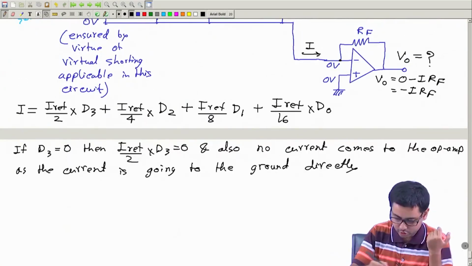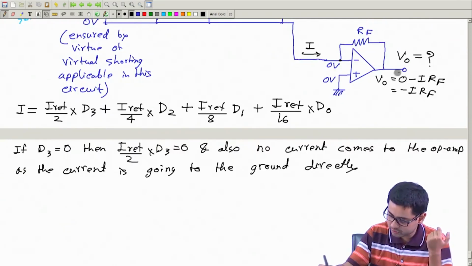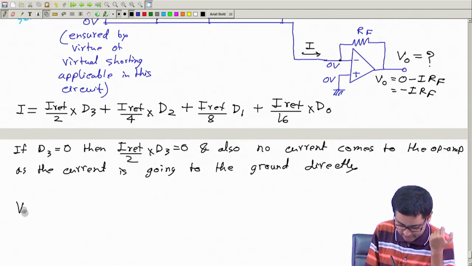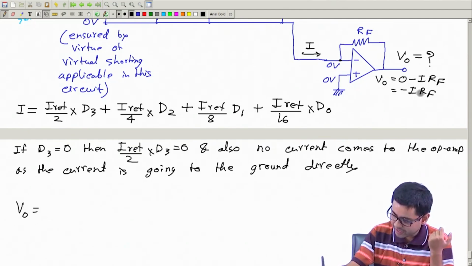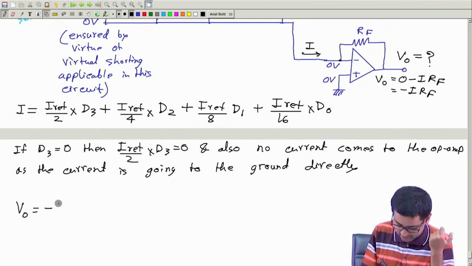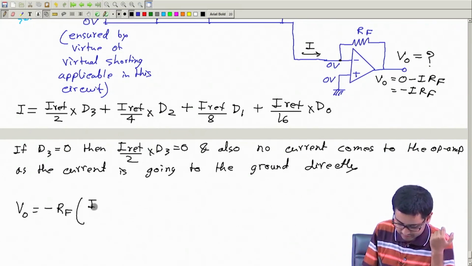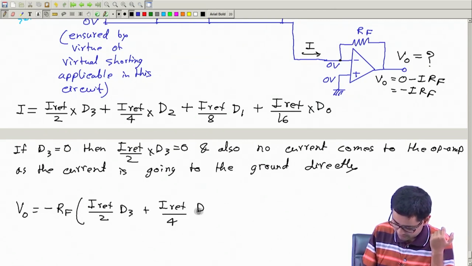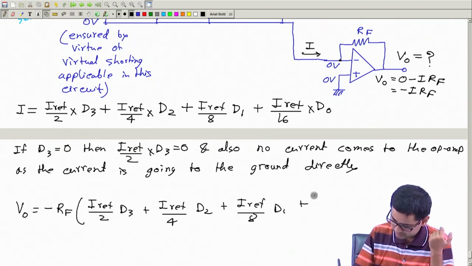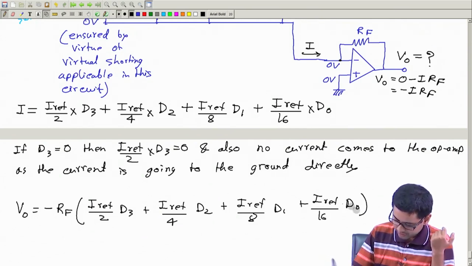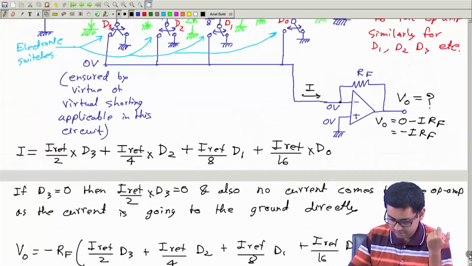Now I don't need to look at the circuit, I will work with the equations only. So VO I can write is equal to minus I times RF, or minus RF times I, and I is this. And how much is IREF?